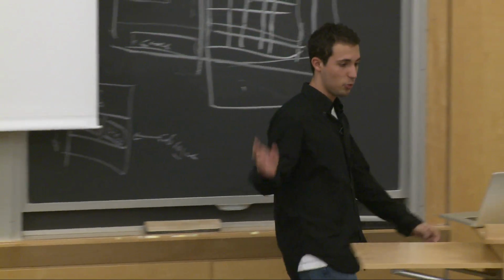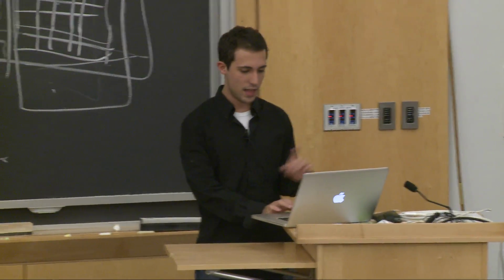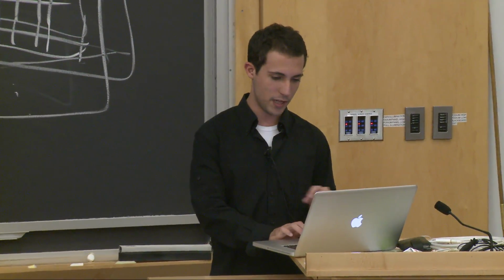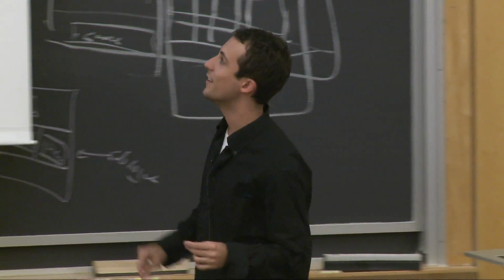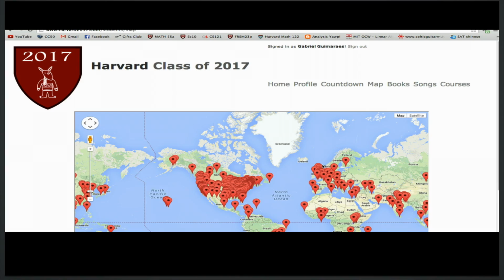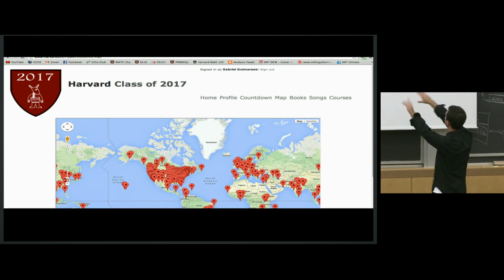But today we're going to explore one of the websites that the freshmen of the class of 2017 are probably familiar with. This is the website that I did for our class over the summer. It was a website where the students of the class of 2017 could log in and interact with each other. This is a map of everyone, where people are.